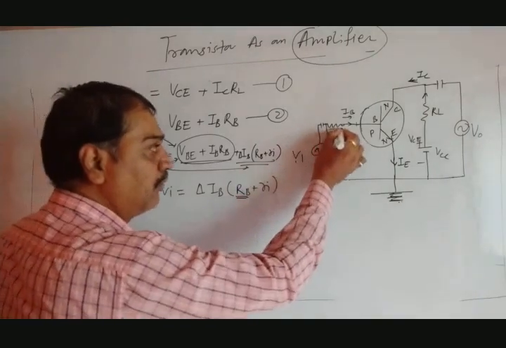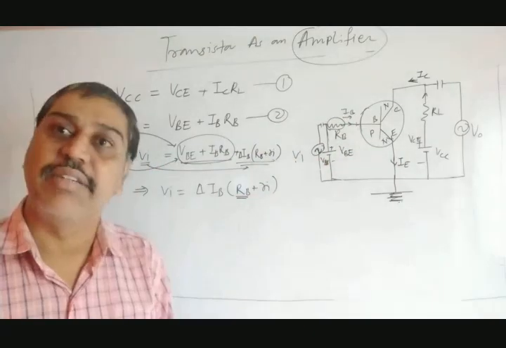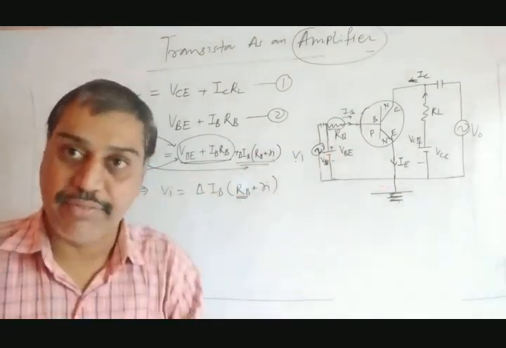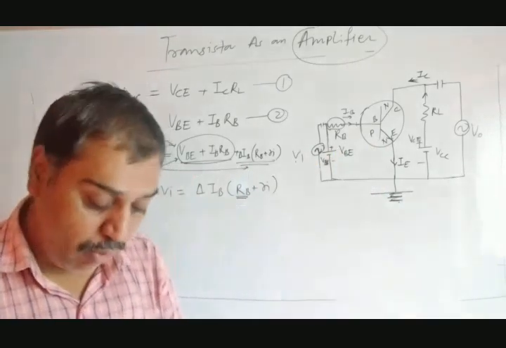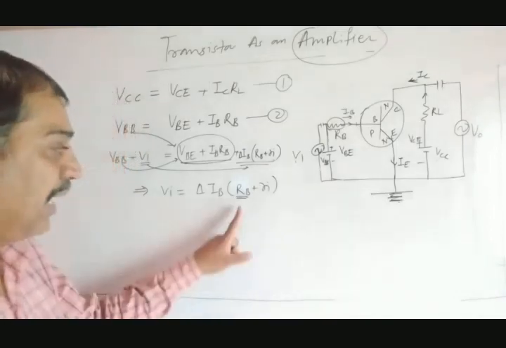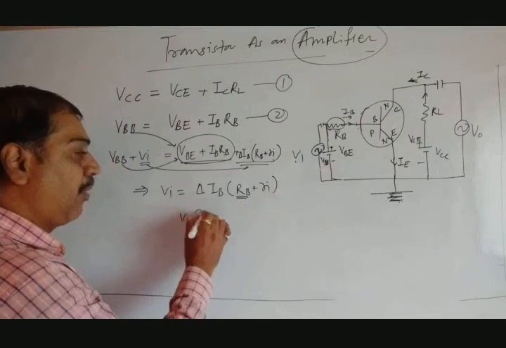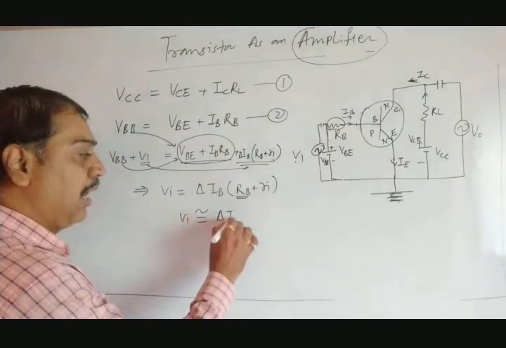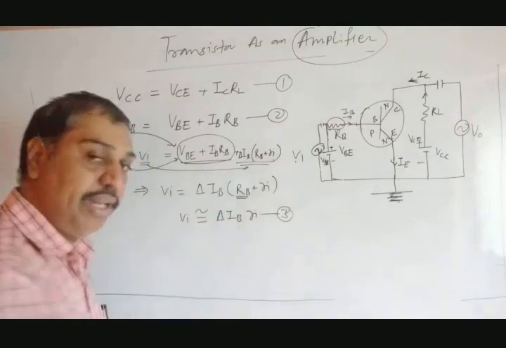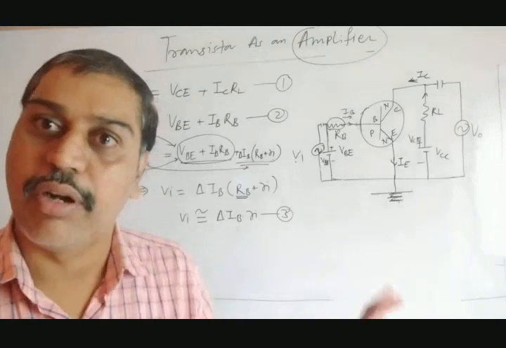It is a constant resistance applied, and it must be very small because the input junction is forward biased. Whenever it is forward biased, a large current flows, and large current means its resistance is minimum. So we can neglect it. So we can write Vi is approximately equal to delta IB into Ri. Let us say it is equation 3. I hope you got these equations.